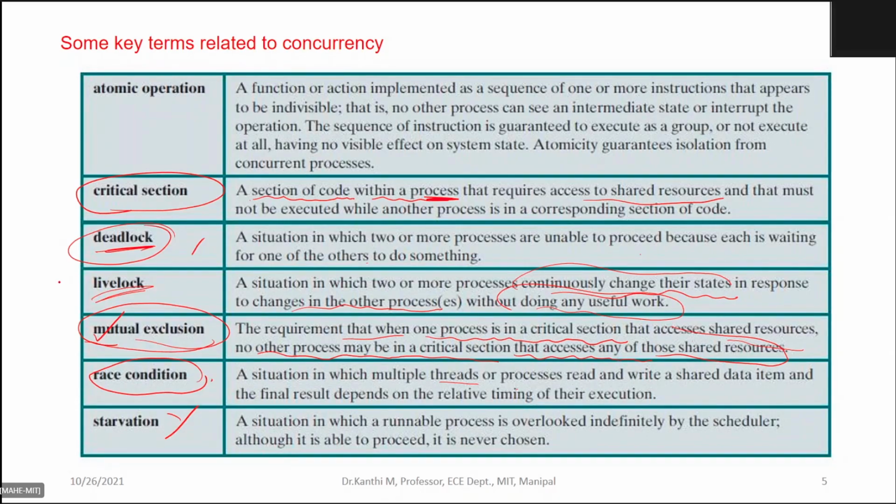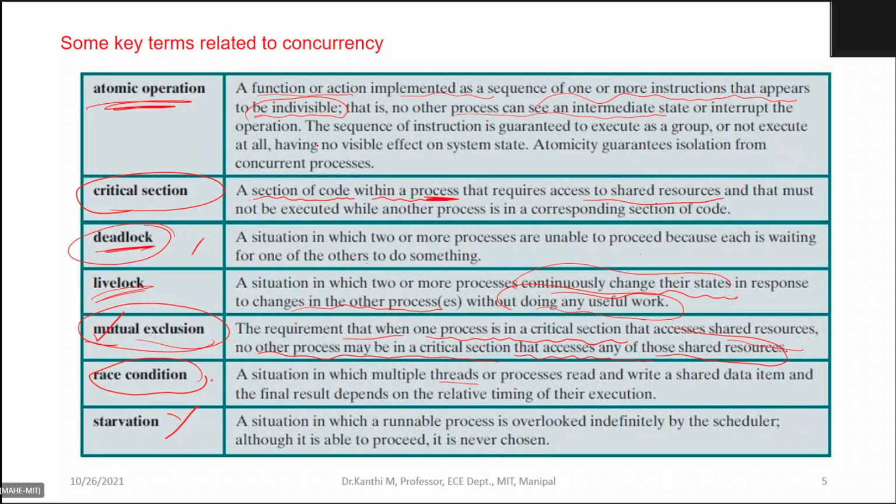And finally, the atomic operation. Anyway, we are not going to address this, but it is a function or action implemented as a sequence of one or more instructions that appears to be indivisible, which means no other process can see an intermediate state or interrupt the operation.